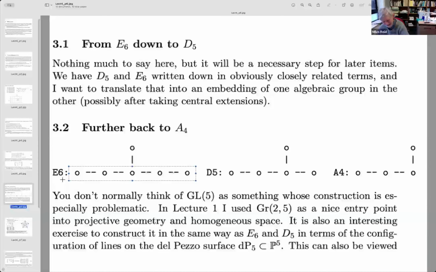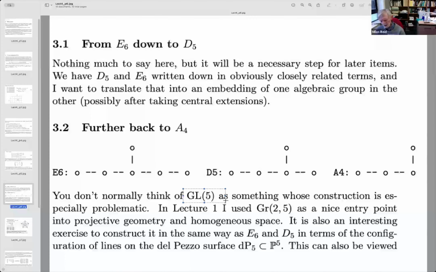So if I take E6, E6 contains this thing, D5, as a subgraph, and it contains this one also as a subgraph. Now, this A5 is the symmetry root system of GL5.